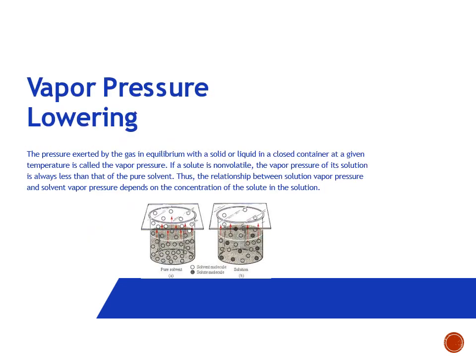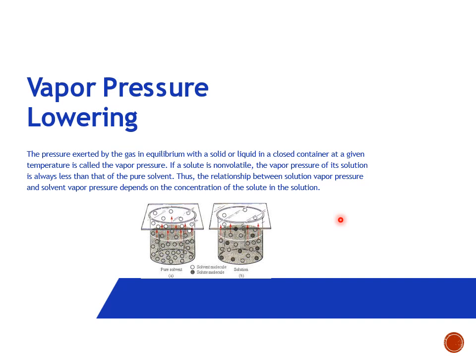So vapor pressure lowering. The pressure exerted by the gas in equilibrium with a solid or a liquid in an enclosed container at a given temperature is called the vapor pressure. So an enclosed container at a certain temperature. If a solute is non-volatile, or hindi yung mabilis mag-evaporate, the vapor pressure of its solution is always less than the pure solvent.